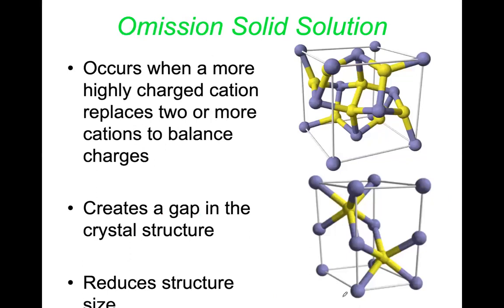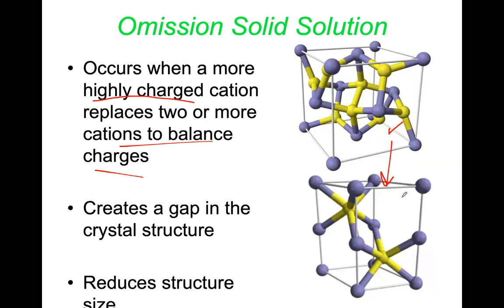So when we come to omission solid solution, we mentioned that usually it happens with the highly charged cation. It replaces two or more cations to balance the charges. So in this case, there can be some gaps produced. For example, if this is the original structure, and this is after the solid solution, you can see that because highly charged cations replace the molecule in some places, you don't need some ions existing there.